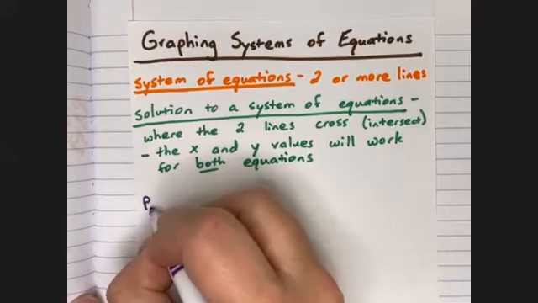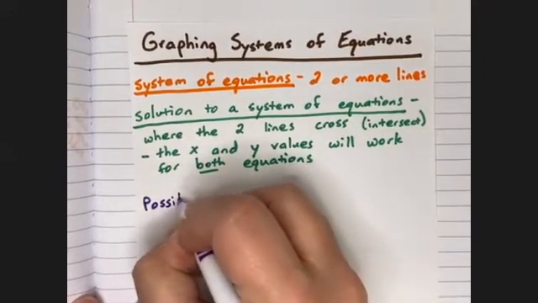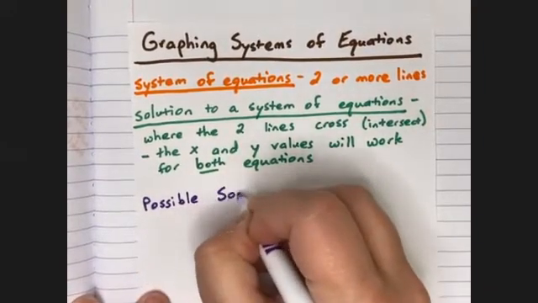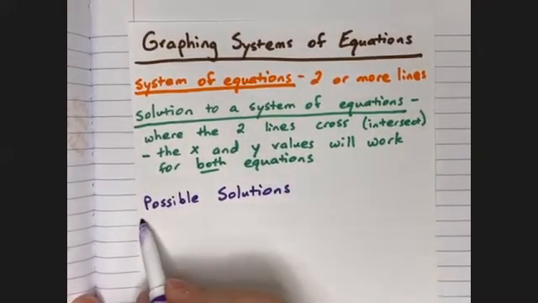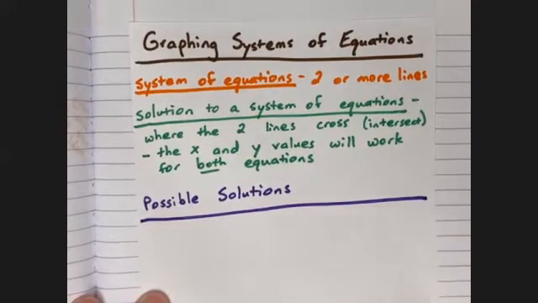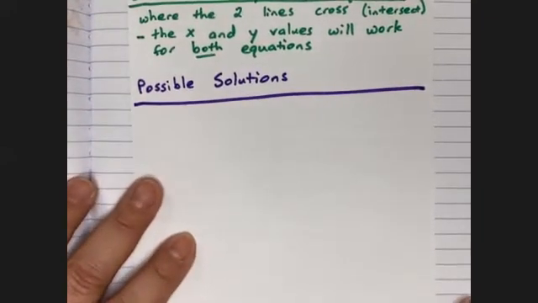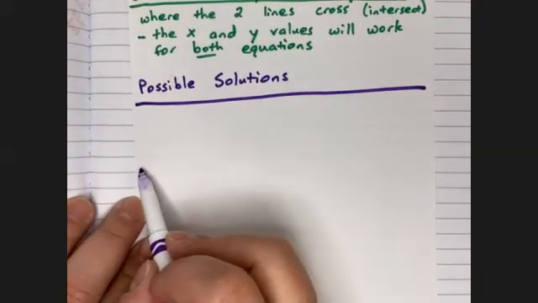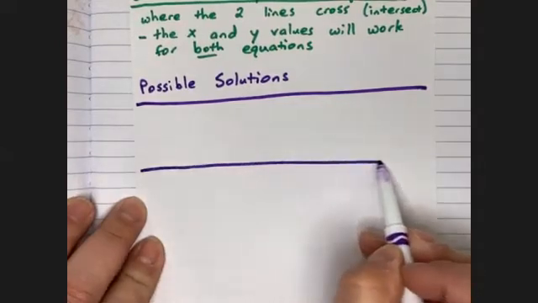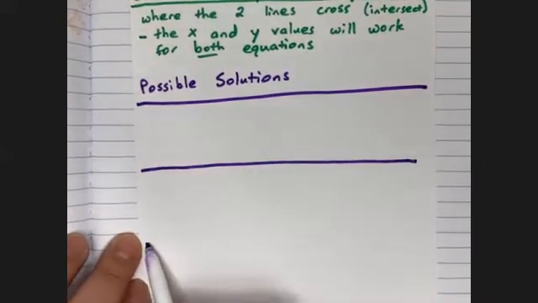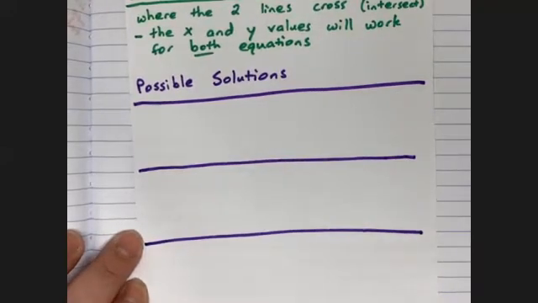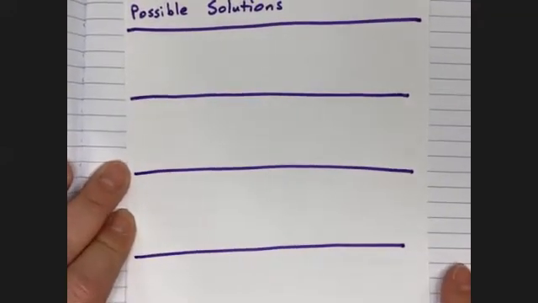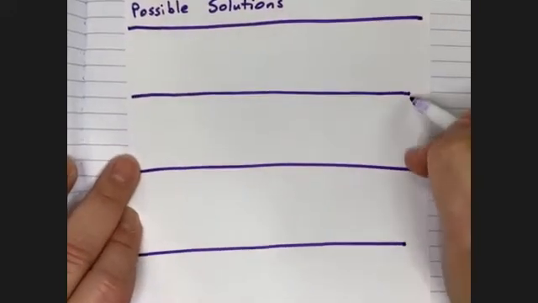So we're going to look at possible solutions. And I'm going to make a little table to find what the solutions are. So I'm going to give it nice big, I want 3 rows going across, and then I want 4 going up and down.